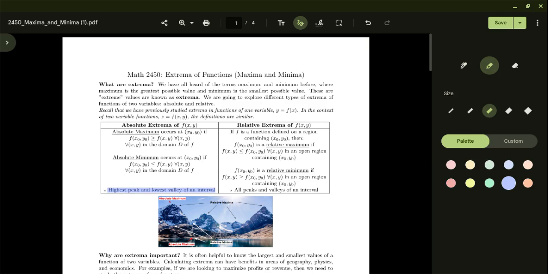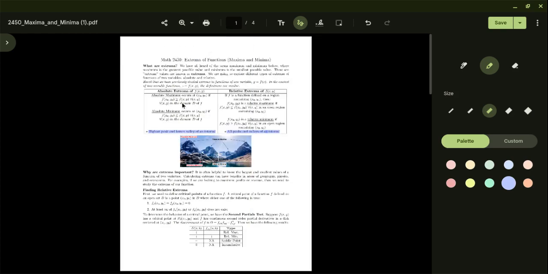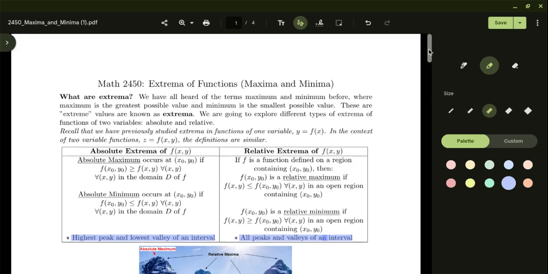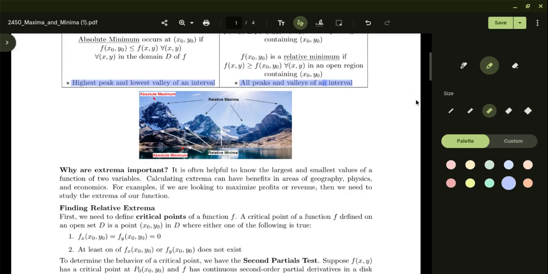Whereas for relative extrema, I am looking for all of the peaks and valleys on an interval. So let's consider what this means when we look at this mountain range picture.